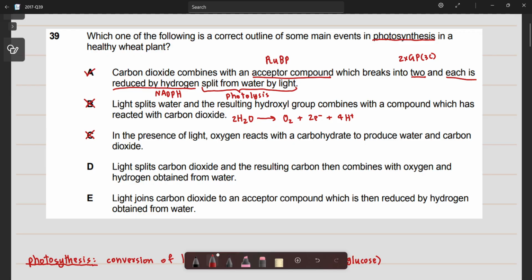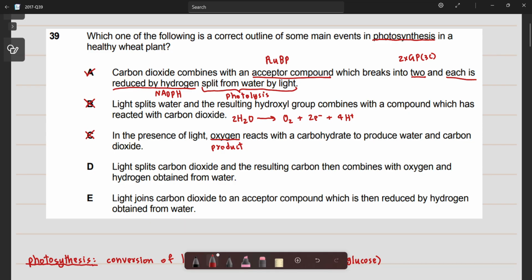We do not have oxygen as our reactant. Oxygen is a product of the light dependent reaction. It does not react at all. It is just disposed of as a waste product from the plant. So it's a product, not a reactant. You can easily pinpoint this as wrong.